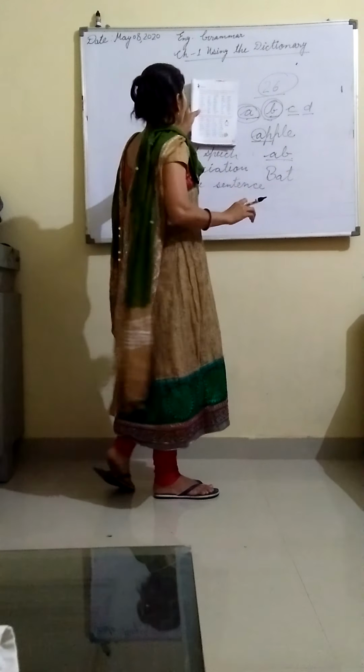Okay, students. So that exercise A you have to finish in your book in a neat and clean way. Next is its B exercise. That is also on your page number 3 in your English grammar book.